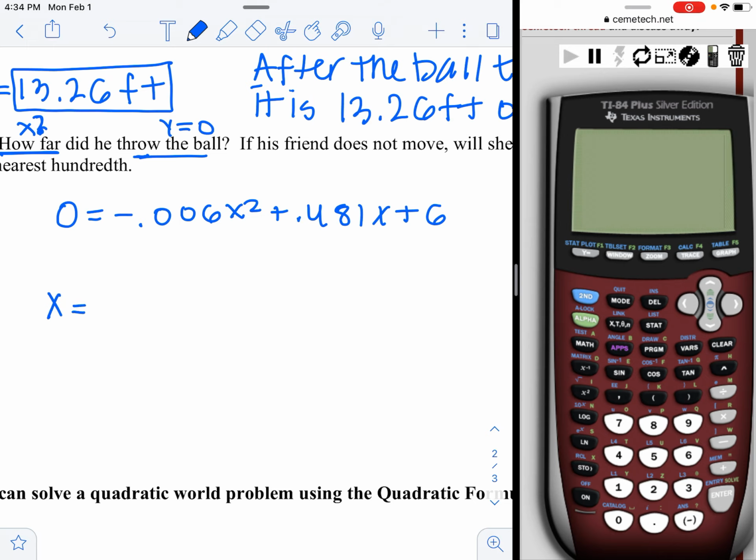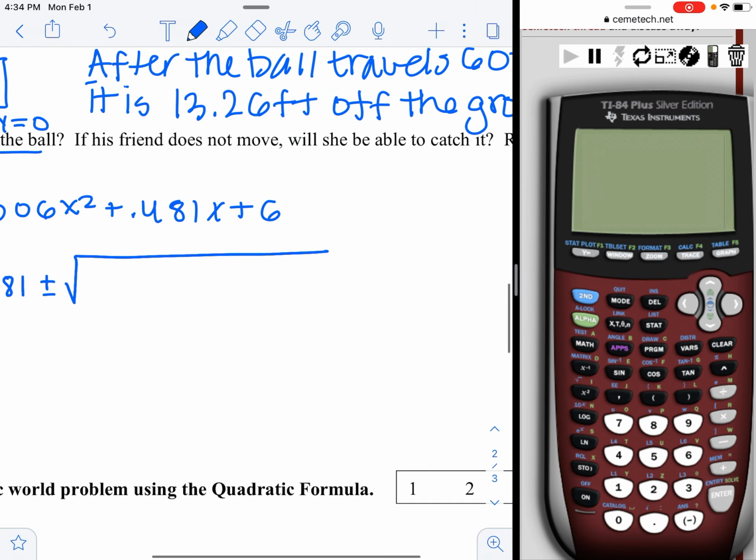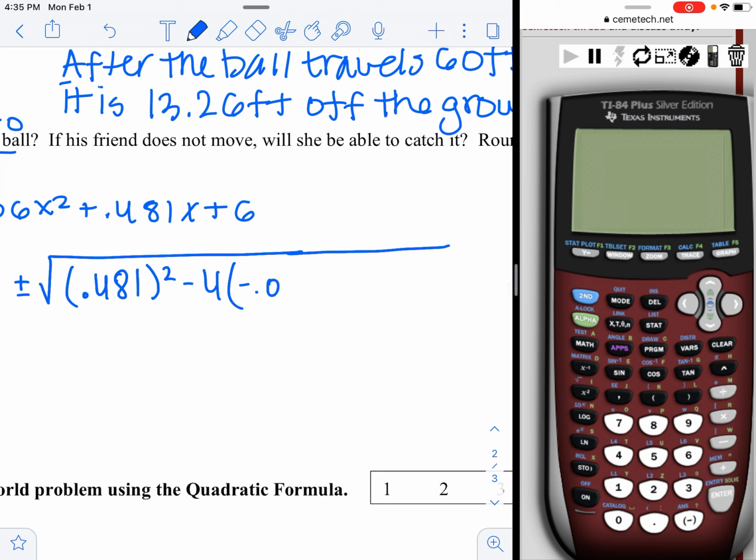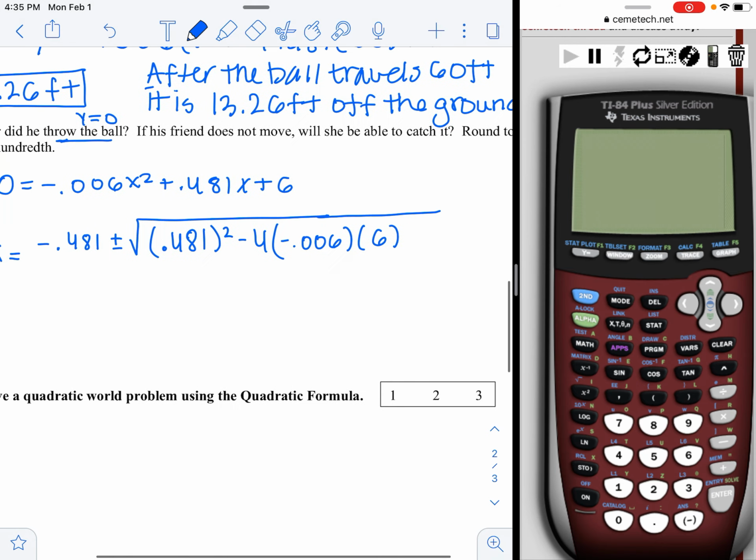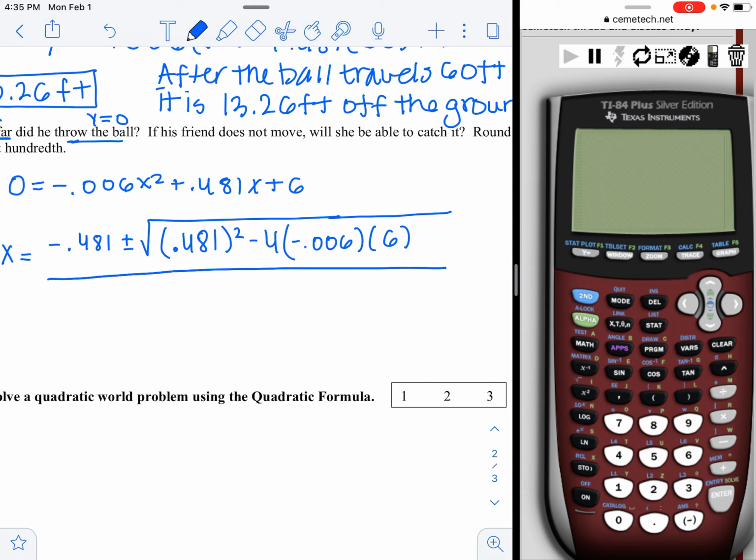Okay, quadratic formula. x equals the opposite of b, so negative 0.481 plus or minus the square root of, I know that's going to have to be longer, so I might as well make it longer now. I need to put b in here, so 0.481 squared minus 4, and then I need a, which is negative 0.006, times c, which is just 6, all over 2 times a, which is negative 0.006.